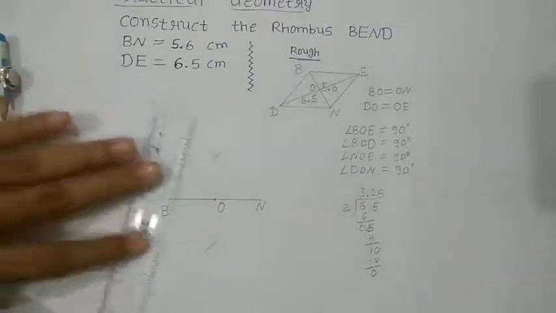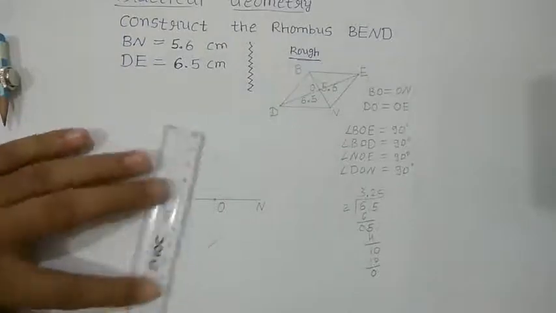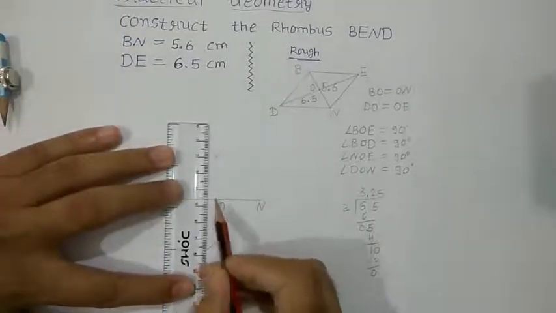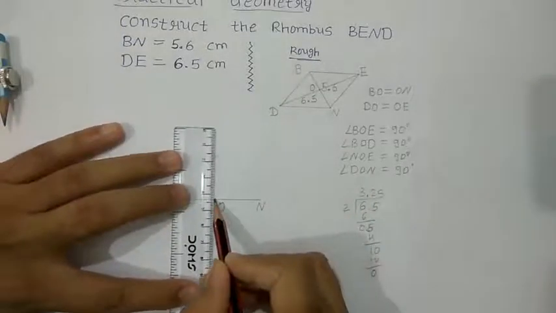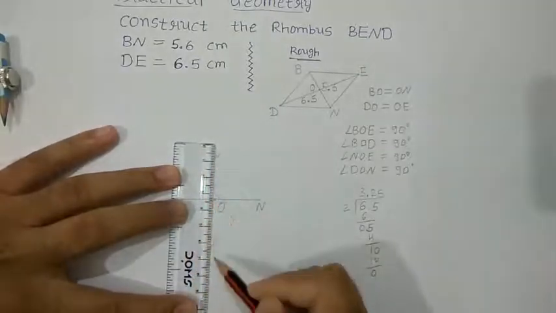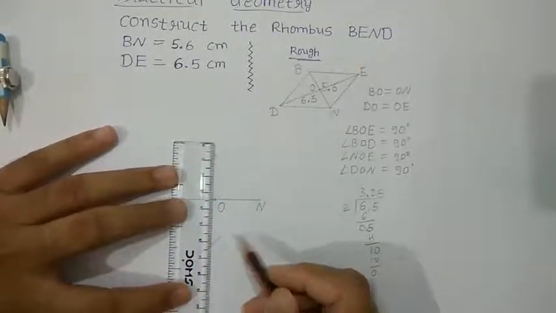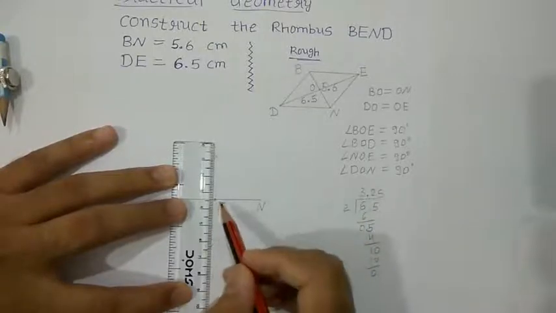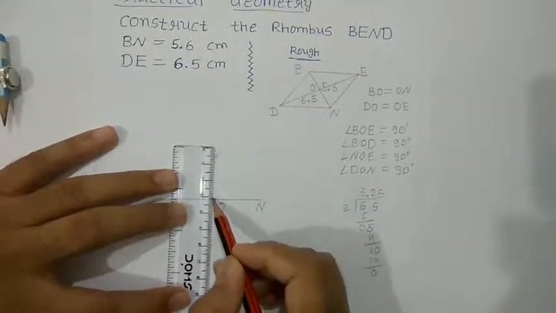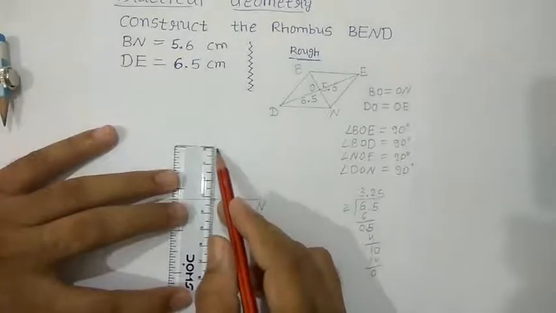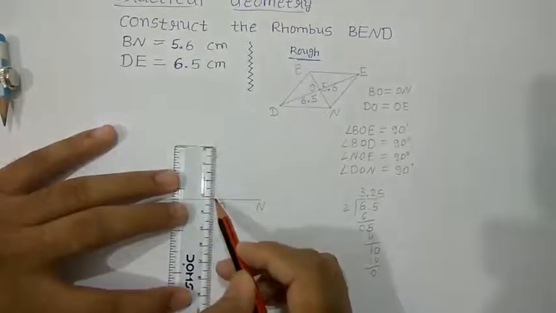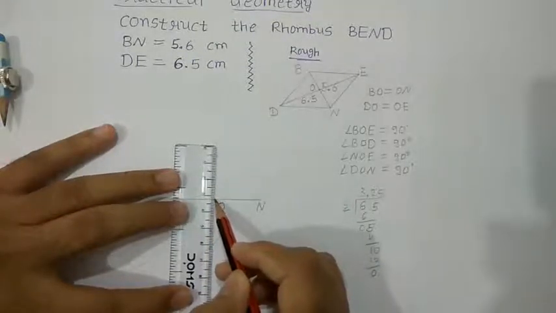So what do we have to do here? We have the midpoint here. We have to take this 3.25 on upside and downside. Both sides we have to take 3.25 centimeter. So this is 3. If this is 0, then this is 3.25.